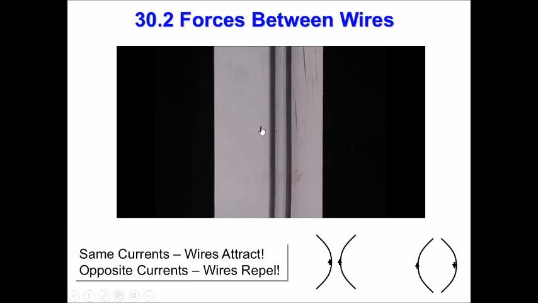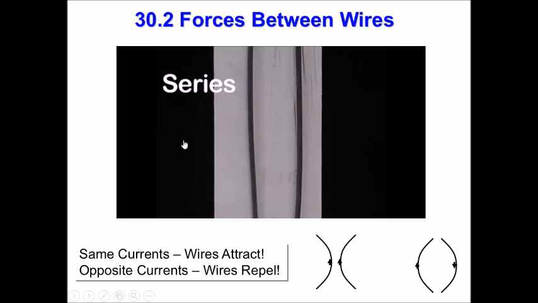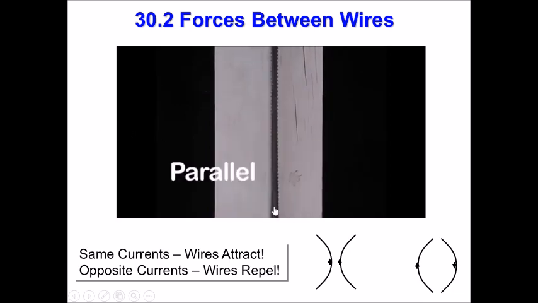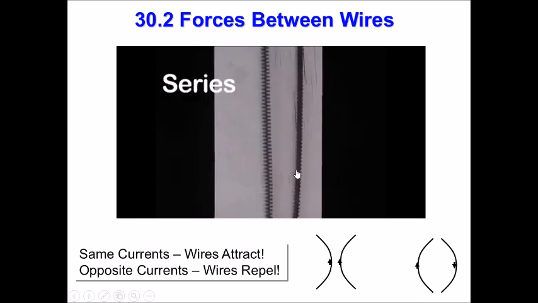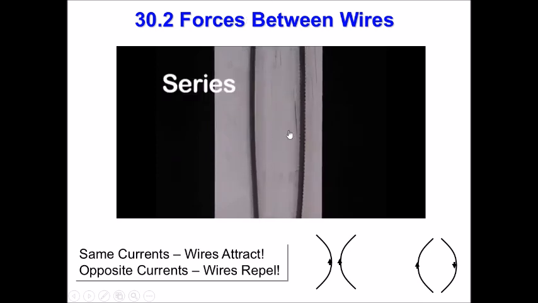So let me show you a video. In this video, you see that there is a current circulating in these two wires. If these two wires are connected in series, you need to remember the circuit chapter, it means that the current is flowing like this.